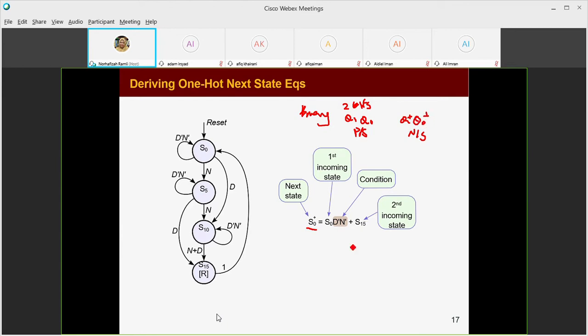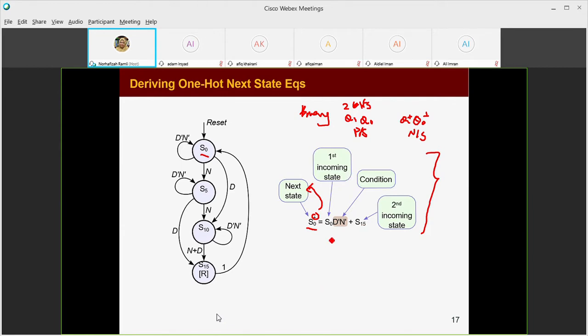But for the one hot, the approach is different. We use the state name because the approach is based on the state. So if you have the state as S0, this is the present state, so the next state will be S0 plus. The plus symbol identifies your next state.